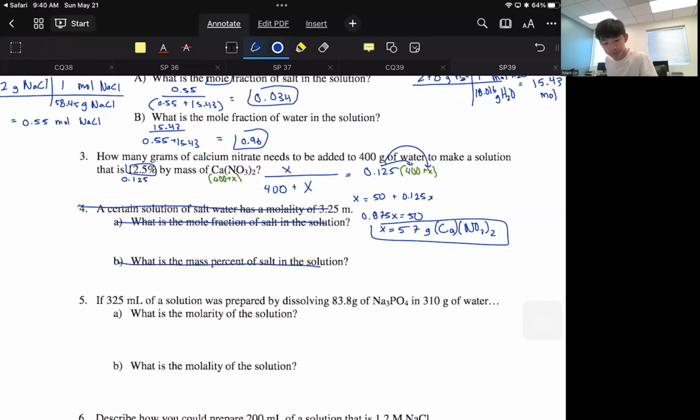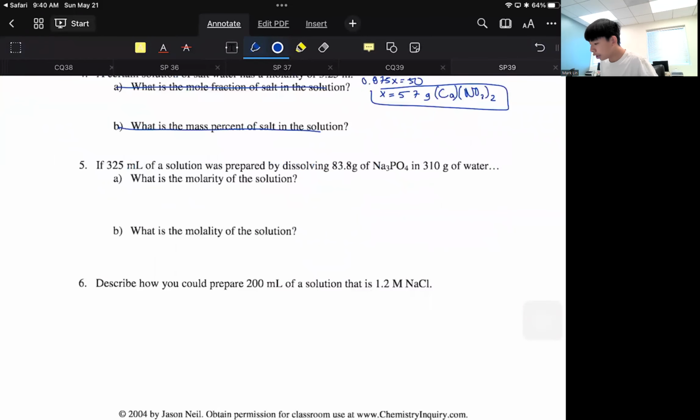Number 5, if 325 milliliters of solution was prepared by dissolving 83.8 grams of Na3PO4 in 310 grams of water, what is the molarity of the solution? Molarity is moles of solute over liters of solution. In this case, we don't have moles of solute, we only have grams, so you need to convert grams to moles.